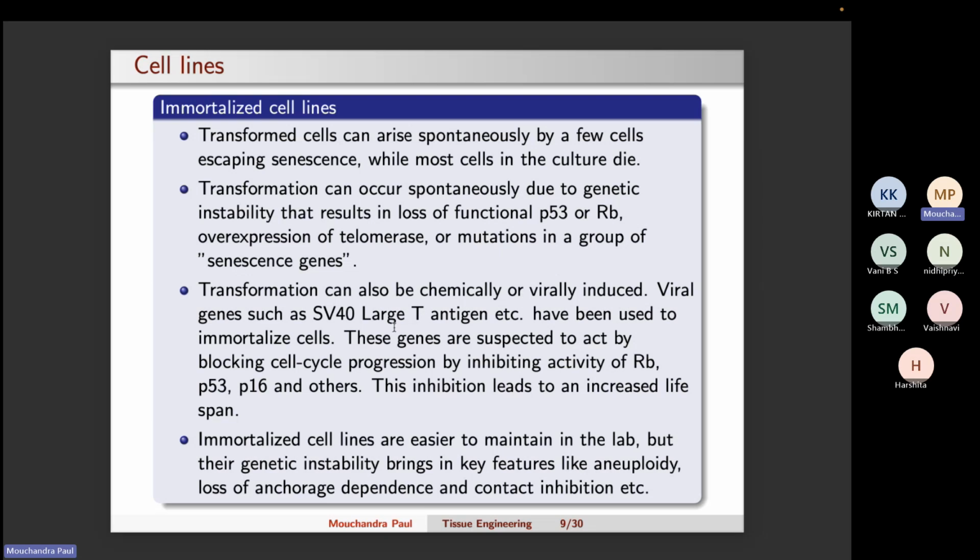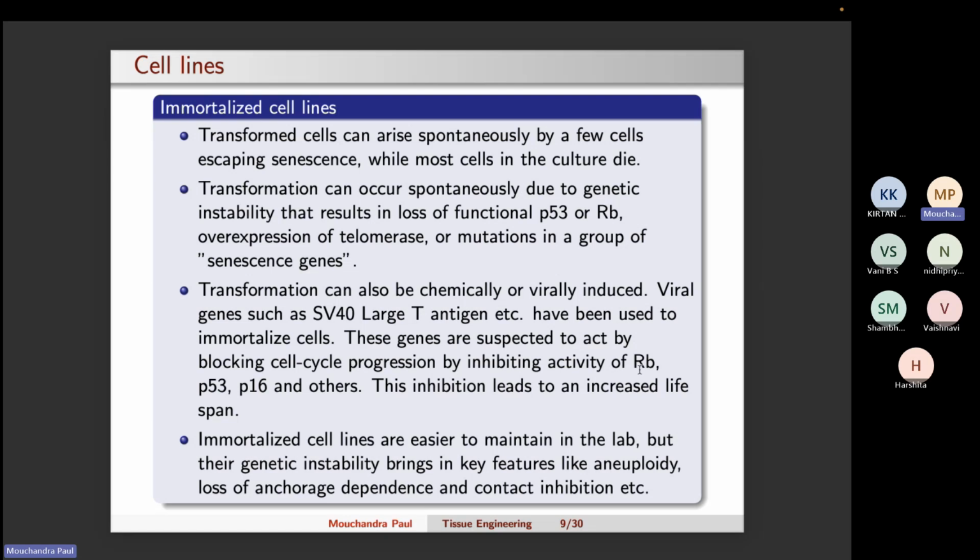So we introduce viruses like SV40 large T antigen virus, which is basically a small section of the viral genome, or you can also use the whole virus. So you are using these virus genes or whole viruses or chemicals to induce the transformation process. These virus genes will also do the same thing.